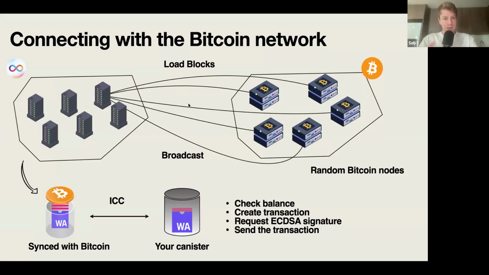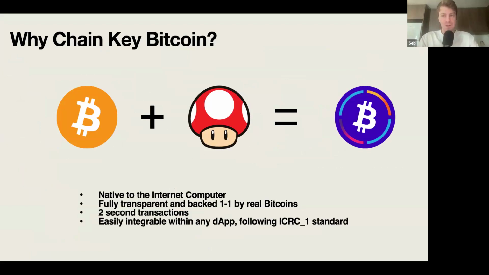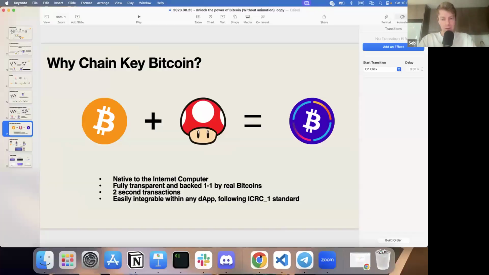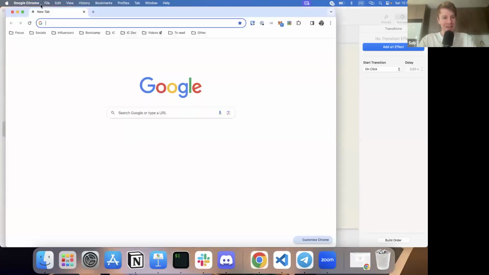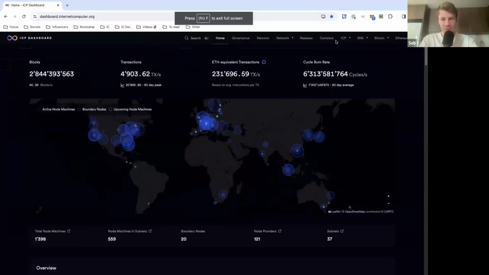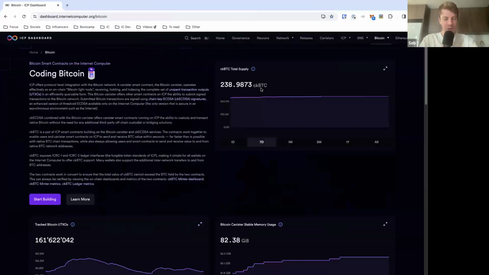Yeah, so that's about it for the integration of the two networks. Now, if you look into the dashboard, if we take a look at the ICP dashboard, there is a Bitcoin tab here, which gives you information about how the two networks are connected.